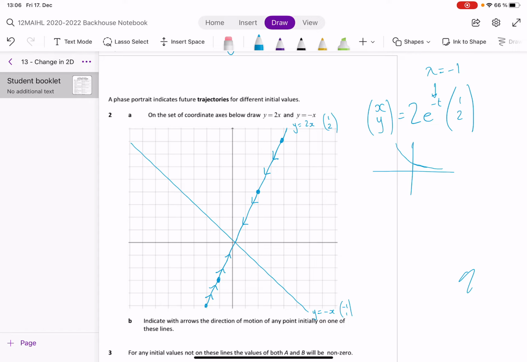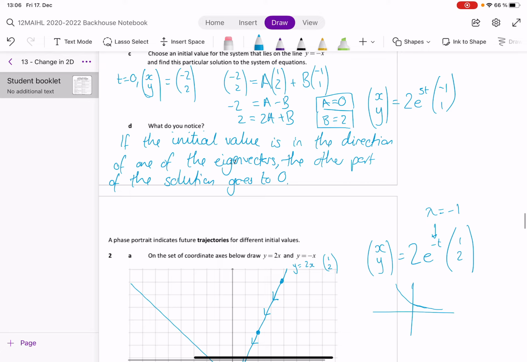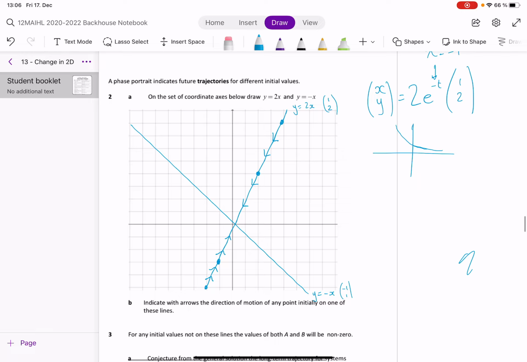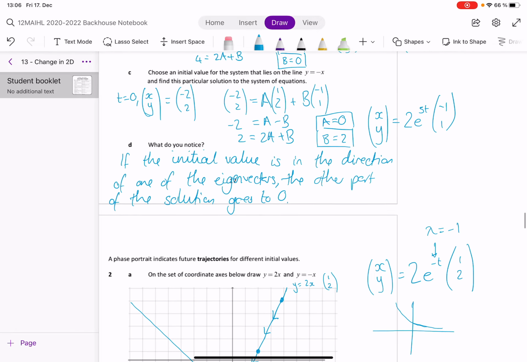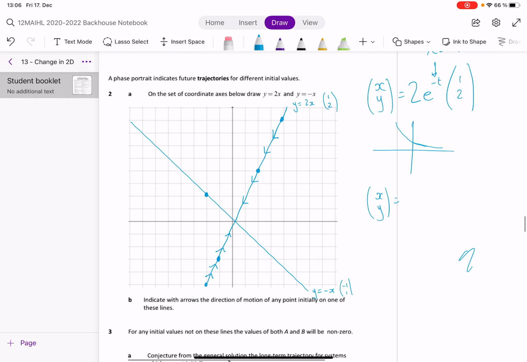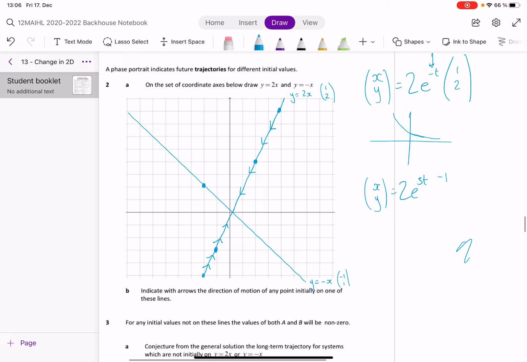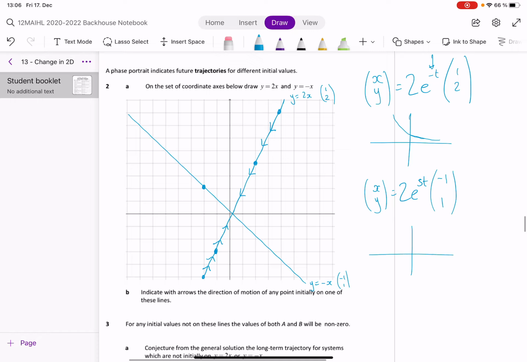Thinking about the other eigenvector, we chose the starting point -2, 2, which is up here. And we had this as our particular solution, (x, y) equals 2e to the 5t times (-1, 1). What will happen this time as t gets bigger? Well, as t gets bigger, e to the 5t will get bigger, because this is an exponential that looks like this.